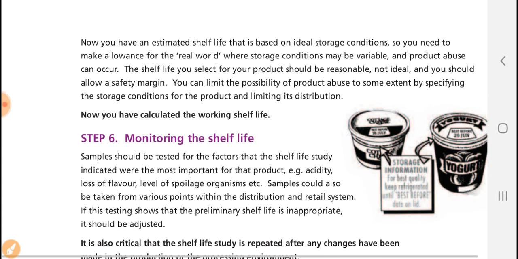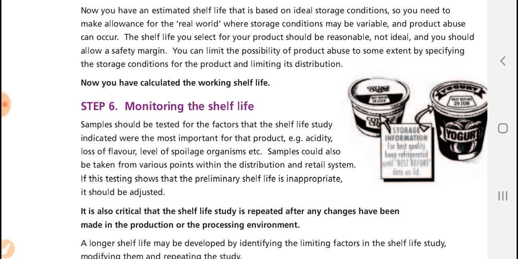then monitoring the shelf life. After fixing the shelf life on the label, on the packaging standards, then after dispatching the product to the market, in between you have to check the shelf life of the product.